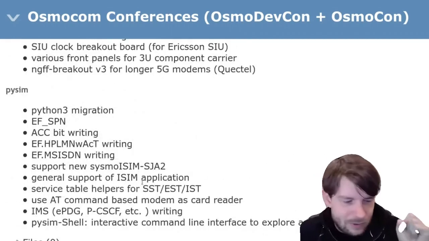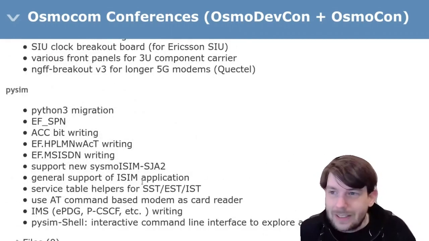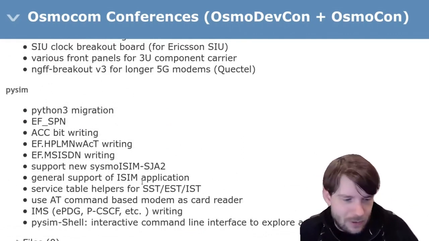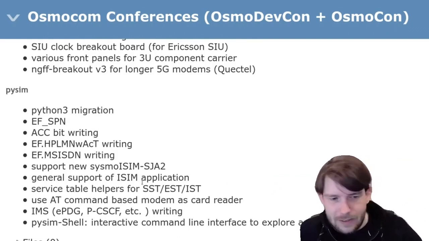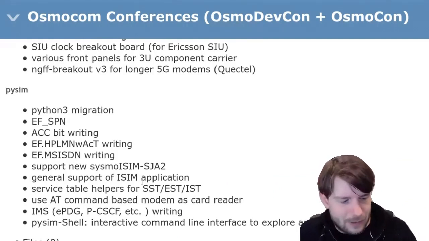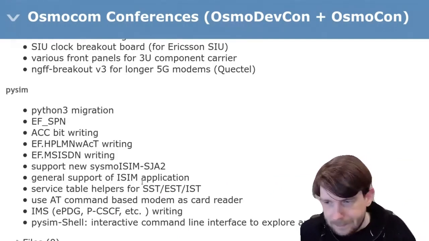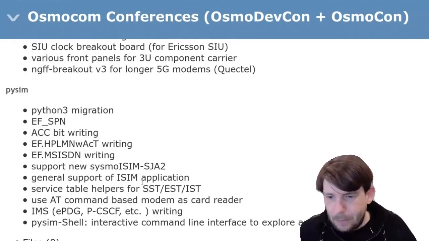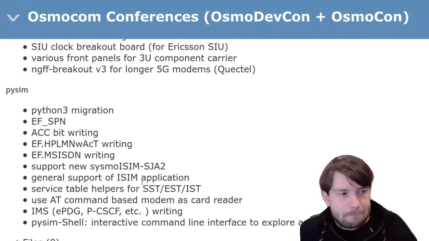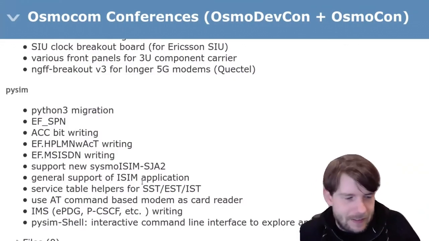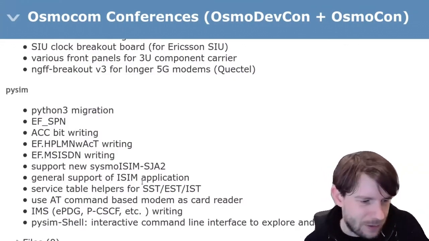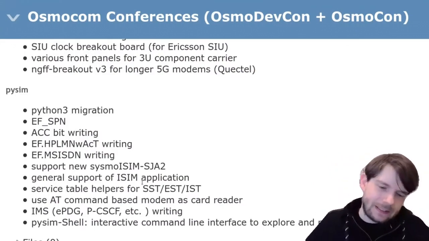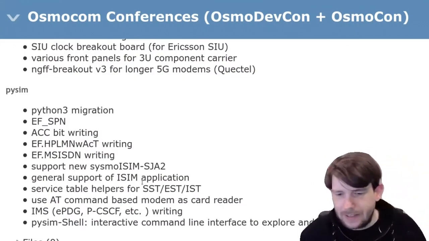So while all of you can think about what I forgot and bring that up in a minute or two, I'd like to go back from all of these low-level details to a slightly higher level, more abstract point of view. I think in the first 10 years or so of Osmocom, Osmocom, I think, was started in 2010.